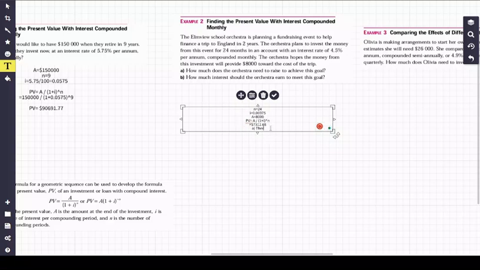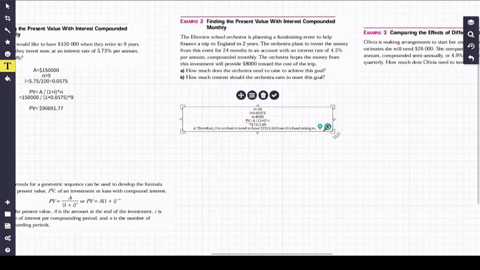Conclusion statement: therefore, the orchestra needs to have $7,312.68 from this fundraising event.